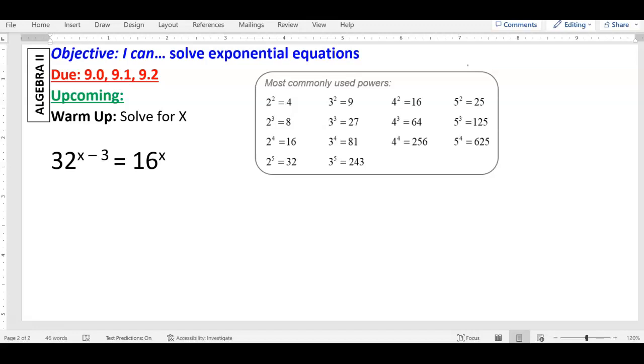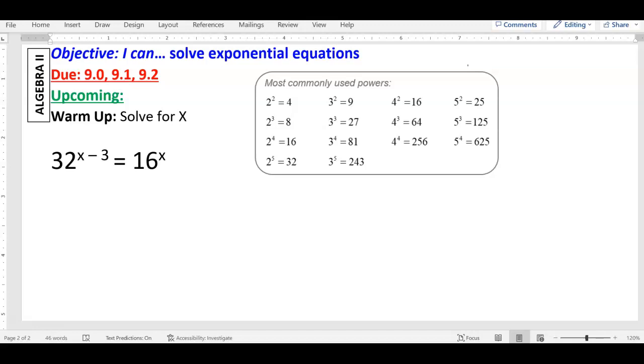Now, 32 can be represented as what? From our commonly used powers, 2 to the power of 5. You see that for 32? There's more beyond these pictured here, but 32 I can only see right here.